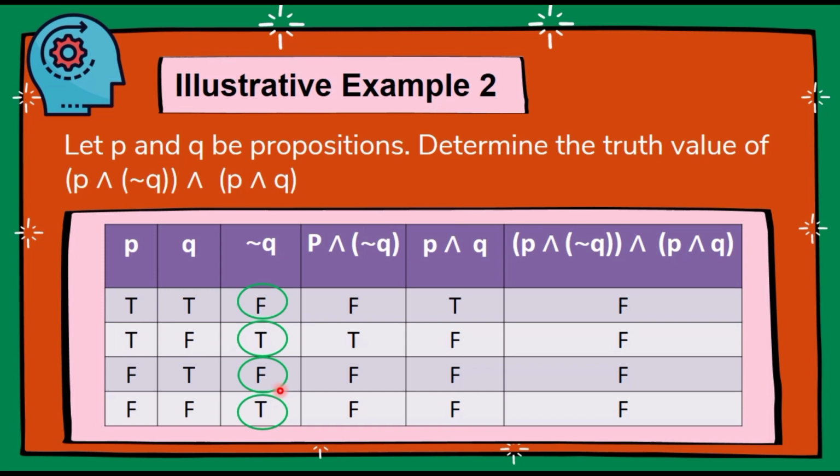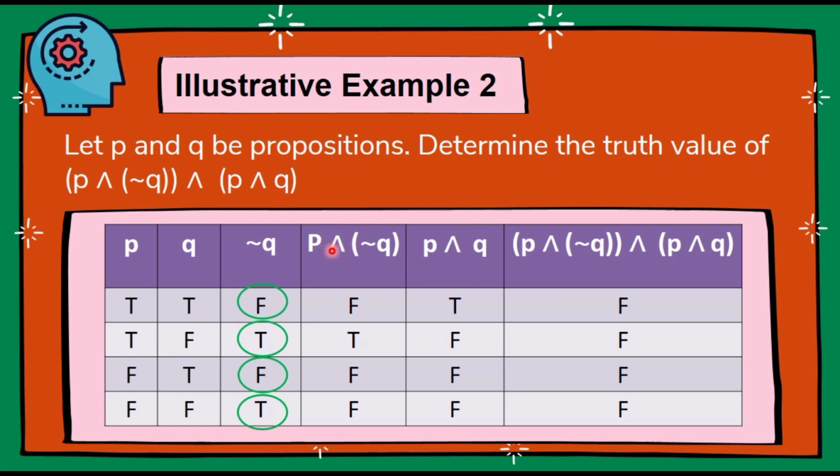So after finding its negation, we will use the negation to find the value of this, P and negation of Q. So we will compare these columns, the P and the negation of Q, using the conjunction. So this is a conjunction.